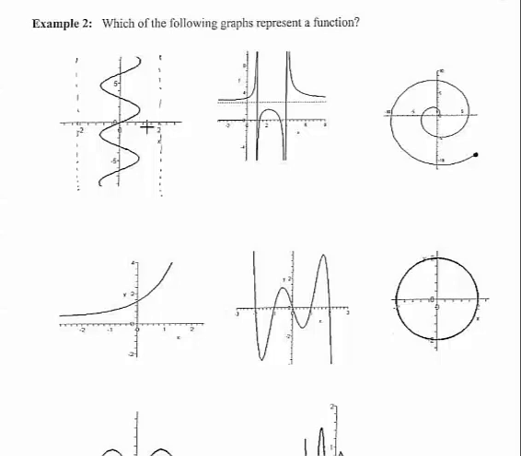We are looking for a vertical line that will hit the graph in 2 or more places. So for instance, if I draw a vertical line here, and by the look of it, I'm somewhere around, let me say, 0.4, or x equals 0.4.